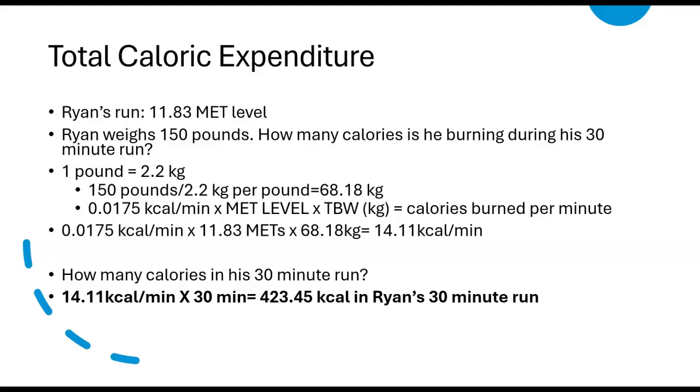Ryan also weighs more than Betty. Betty only weighed 130 pounds. Ryan weighs 150. So not only is Ryan exercising at a higher intensity, his weight is higher, and the mass that he is moving through space to run is going to automatically burn more calories, right?